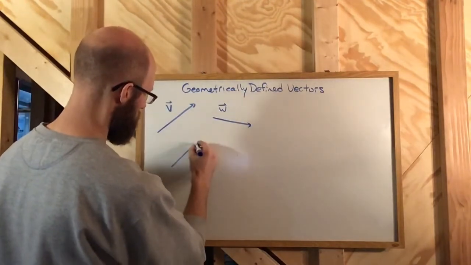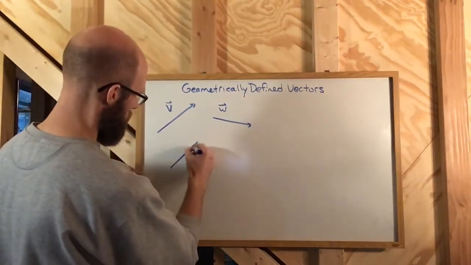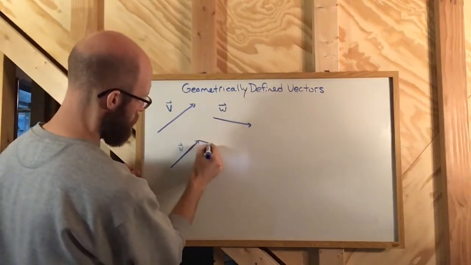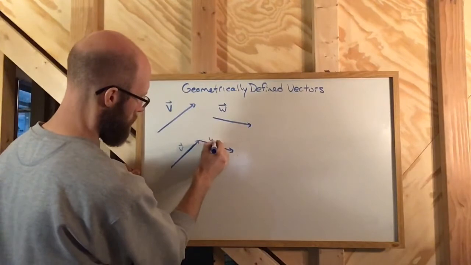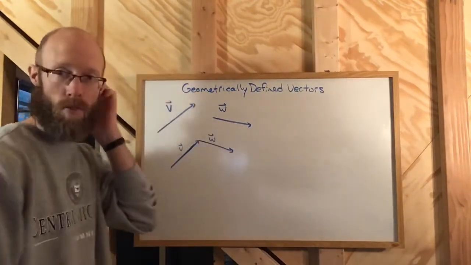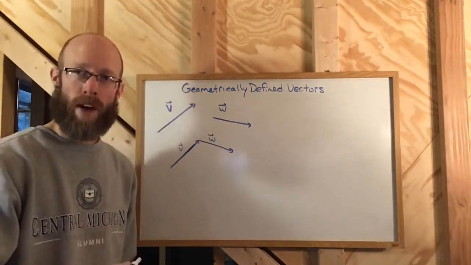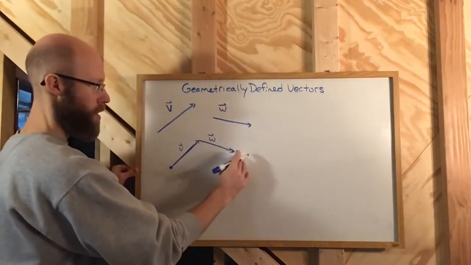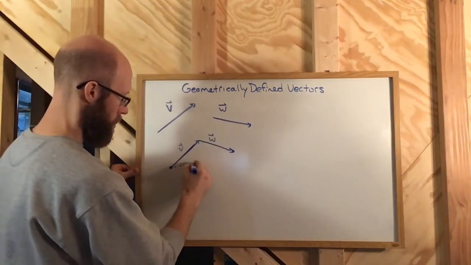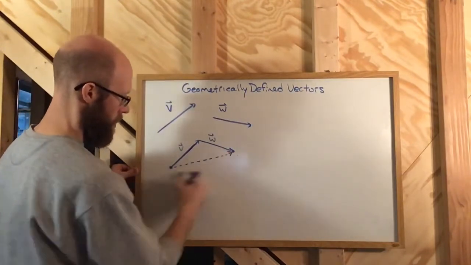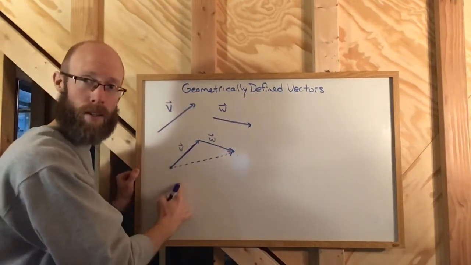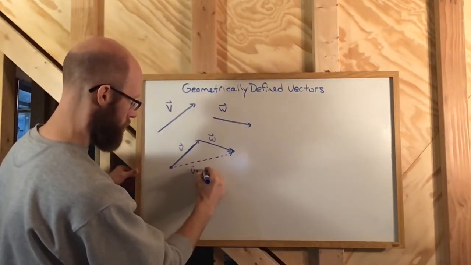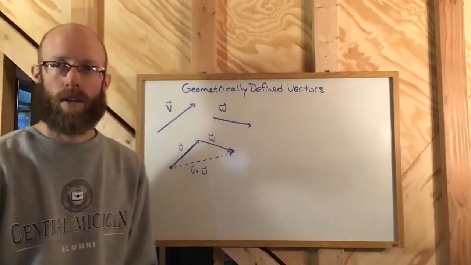So if you consider this is v, and I link vector w to the end of vector v, then the resulting vector is one that starts at the initial point of v and ends at the terminal point of w. It would be this vector here, the dashed one. And that dashed vector would be v plus w, okay?